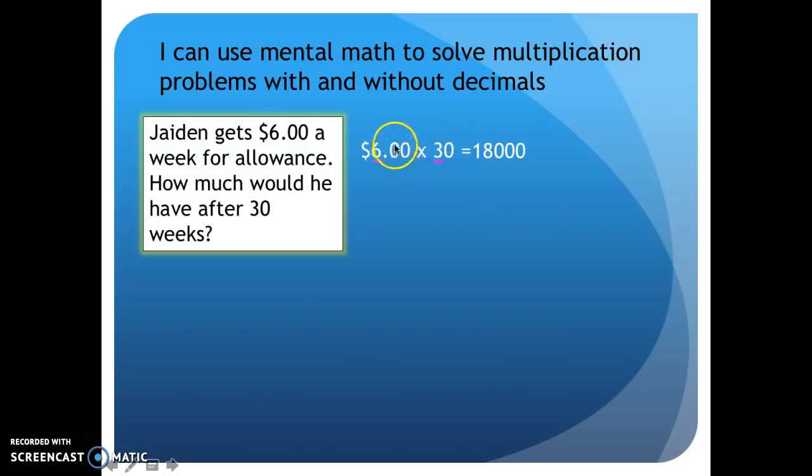Now we don't have to worry about these zeros because they're to the right of the decimal, but we have to consider this one. So just like with 10, we added 1 zero or moved our decimal 1 place to the right, we need to do the same thing here. So the 6 times 3 is 18, with our 1 zero gives us the $180.